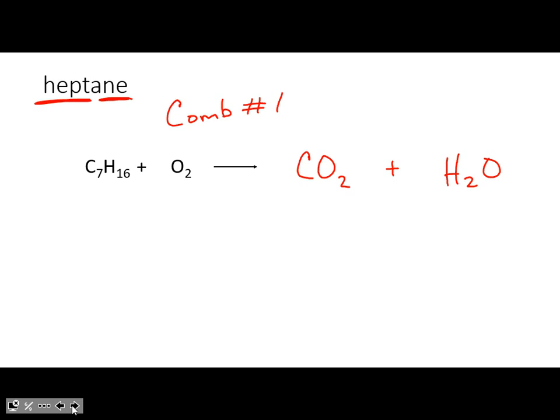Now, as I'm balancing this combustion reaction, because that's all that this is, you just have to balance it. I'm always going to start with my carbon. So I can see that I have 7 carbons right here. So I'm going to put a 7 in front of my carbon right there.